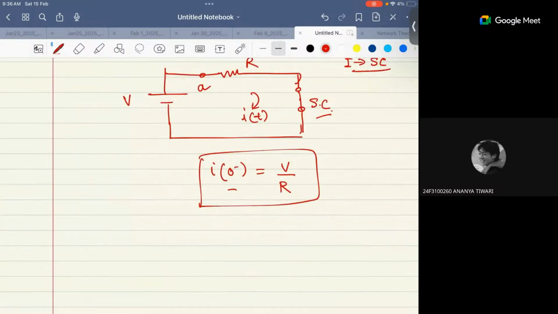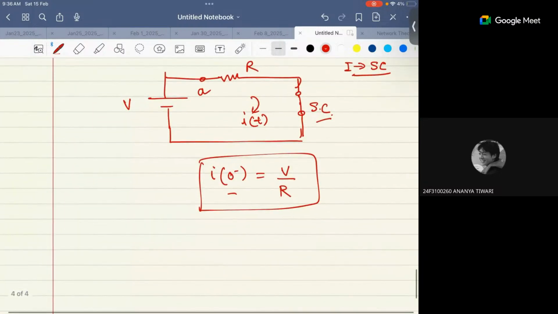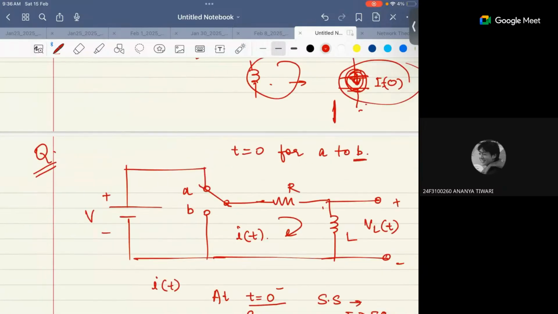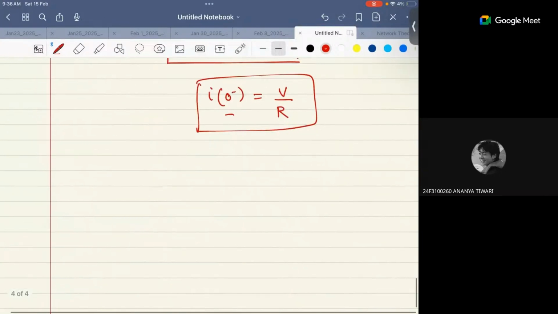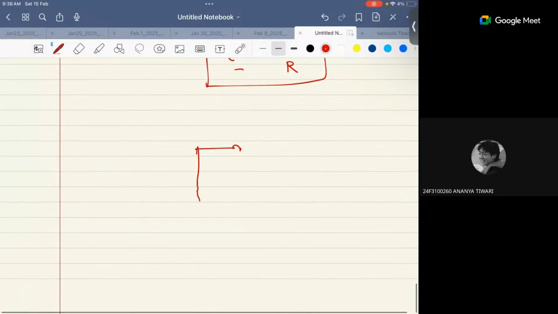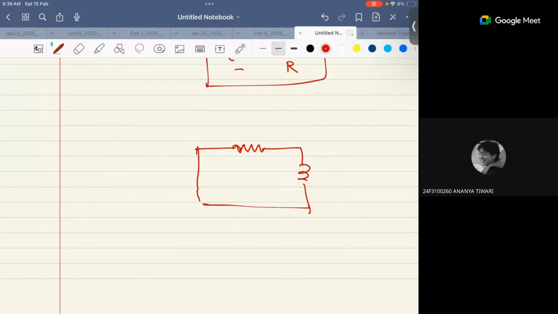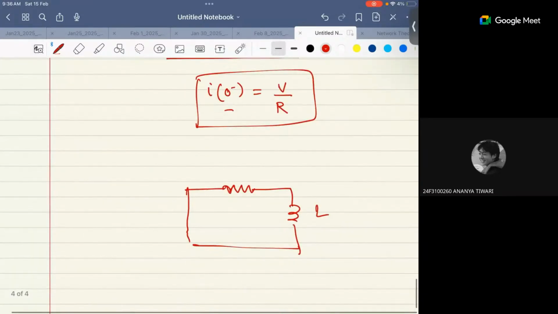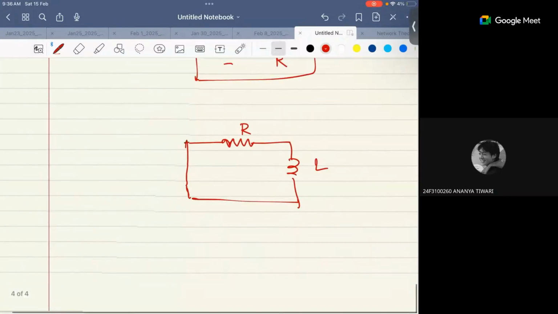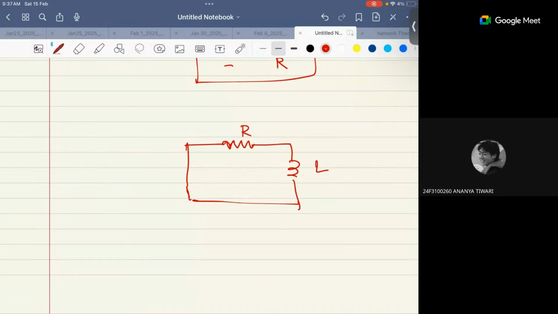Is it clear? So I of 0 minus, you know. Now at t equals 0, the switch gets connected towards B. That means the inductor will now start discharging, so the connection will be something like this, with the inductor L and the resistor R. Here we can use the transform method to calculate this for t equals 0, the present.